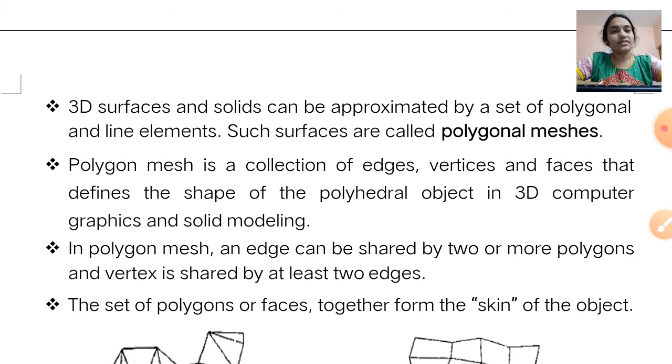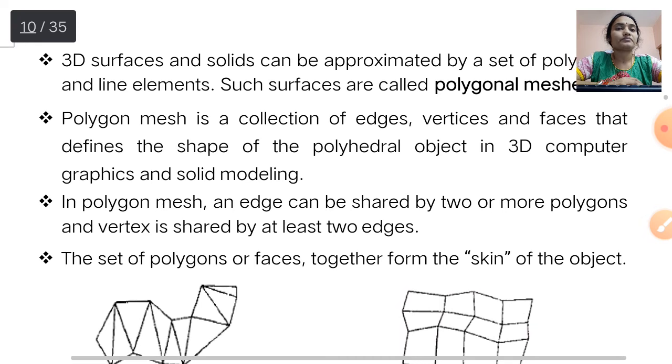A polygon mesh is a collection of edges, vertices and faces. These three things define the shape of a polyhedral object in 3D computer graphics and solid modeling.